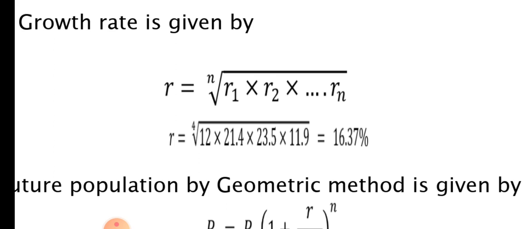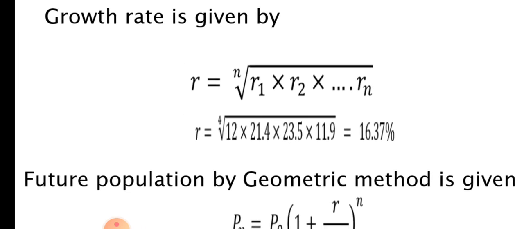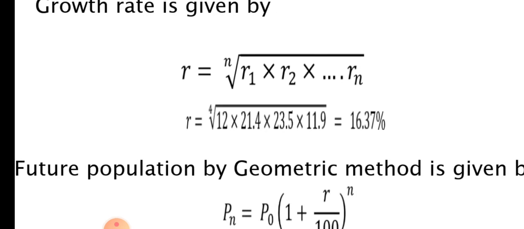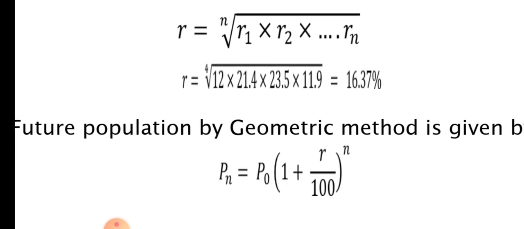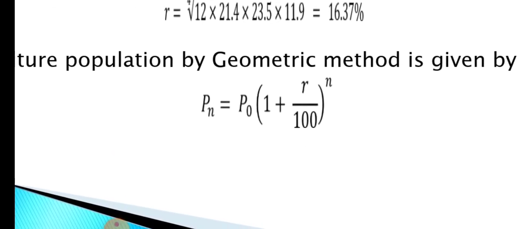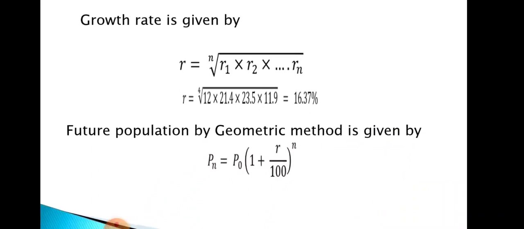So the value of R, the growth rate, can be computed as the 4th root of R1 into R2 into R3 into R4, which is 16.37%.